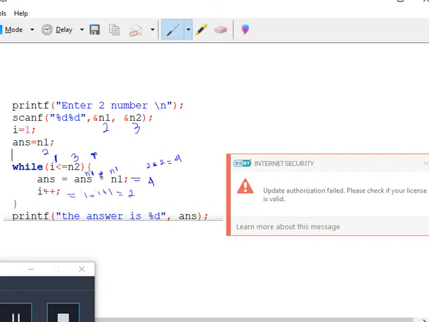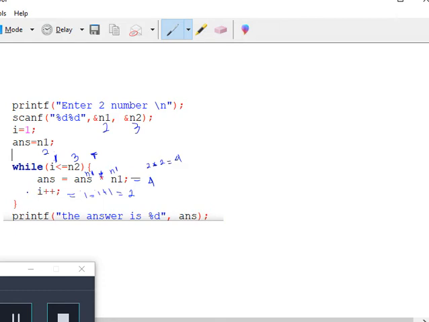Mo mahimo ra to if nasa susod sa printf or nasa susulod sa kaning mga condition. But in this case, i-diretso ra na niya. Okay, just think of it that way. So this ang atong i diri is now equivalent to 2 here.